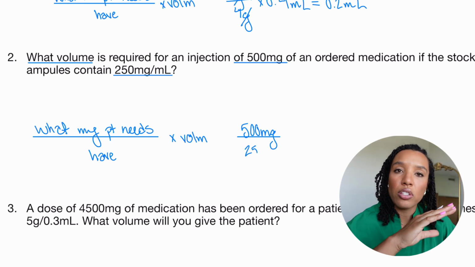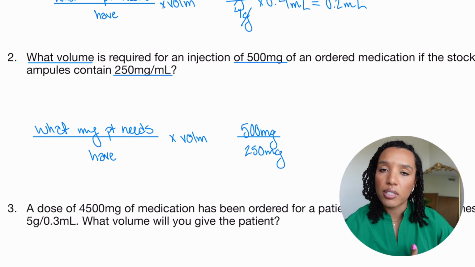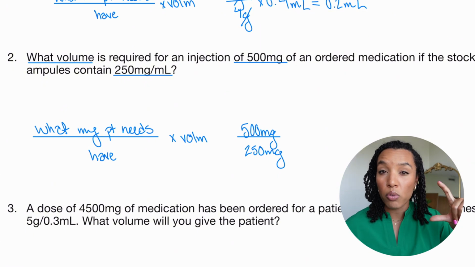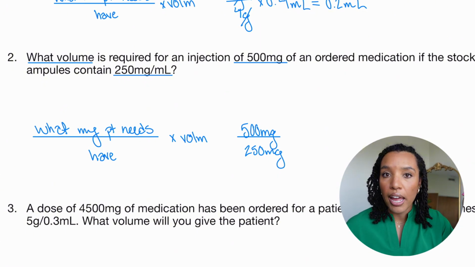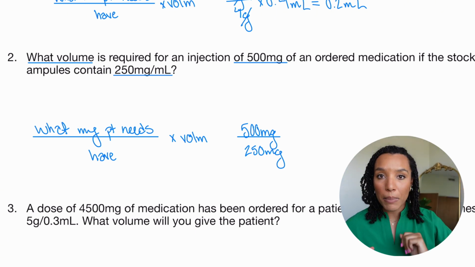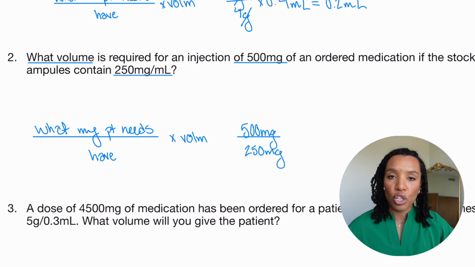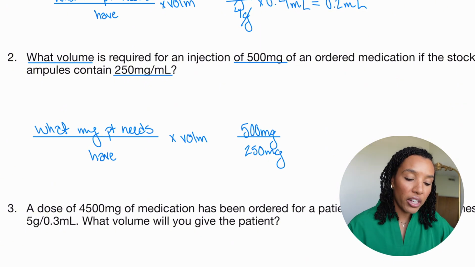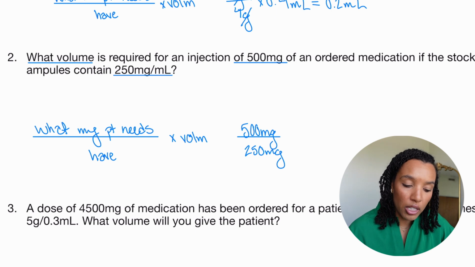If you guys haven't started your clinicals yet, what we're talking about is some medications come in little ampules, and they're a liquid, and it'll tell you the concentration. And this is telling me that in 1 milliliter, there is 250 milligrams of the medication. How do I know that? Well, there is nothing in front of the milliliters.